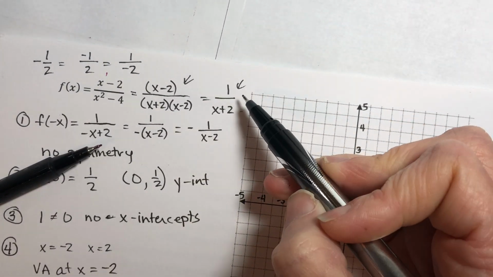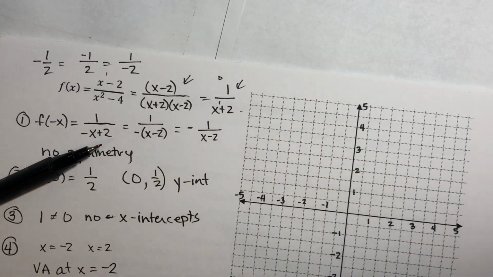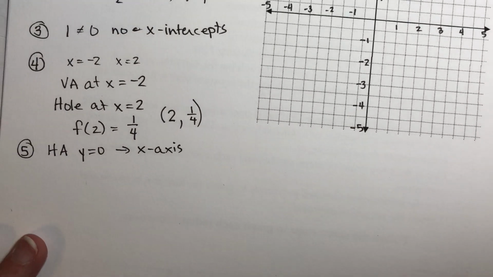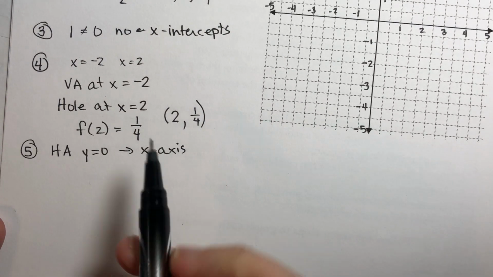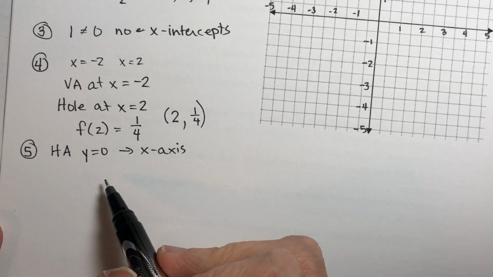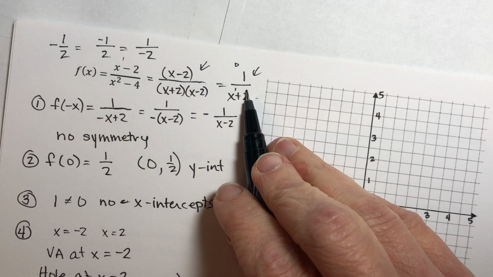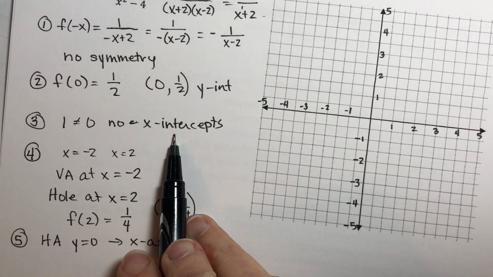If you think about doing it here, since this is a constant, that would be a degree of 0 over a degree of 1. It's still, the top is smaller than the bottom. Okay? And normally we would check to see if we ever cross this. The way we would do that is we would set our original equal to 0, but we actually already did that when we found the x-intercept here.